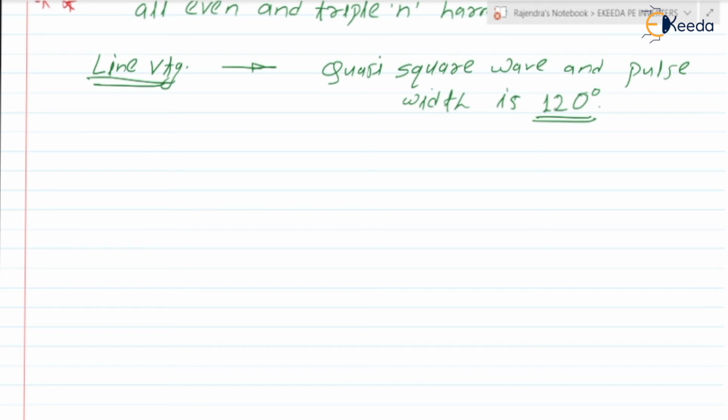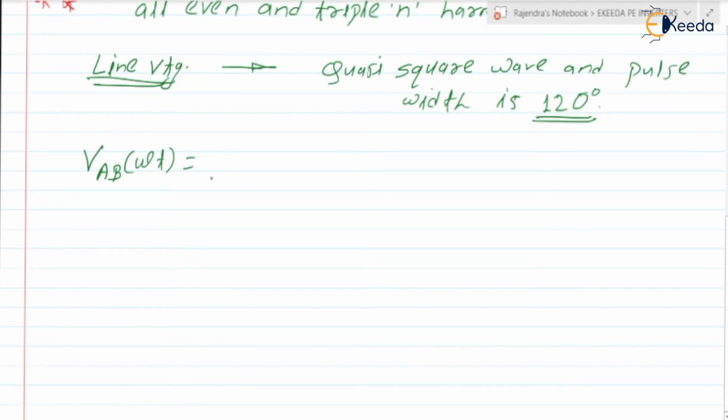Here, can we write the expression for the line voltage? Yes, we can write it in the same way as we discussed in the single pulse width modulation technique. We can write VAB of omega t, the line AB voltage Fourier series expression.